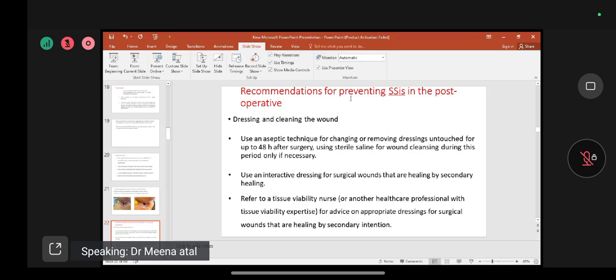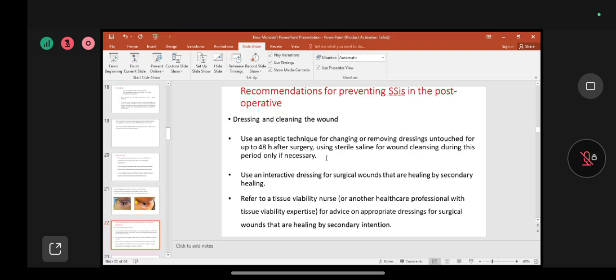Recommendations for preventing surgical site infection in postoperative care: dressing and cleaning the wound daily, and use an aseptic technique for changing or removing dressings. Leave the dressing untouched for 48 hours after the surgery. Use sterile saline for wound cleaning during this period only if necessary.